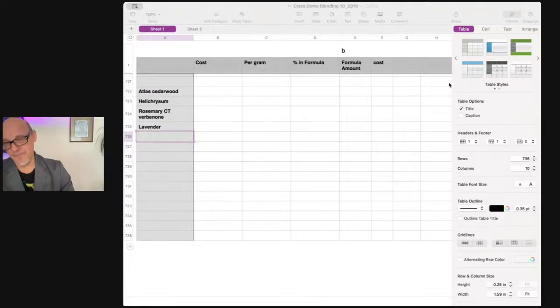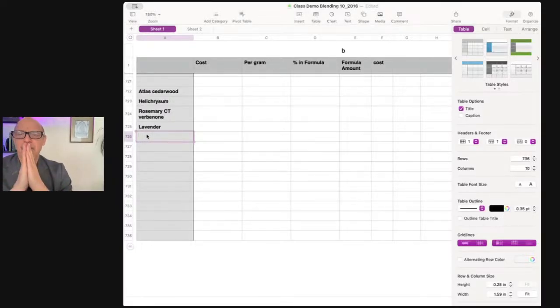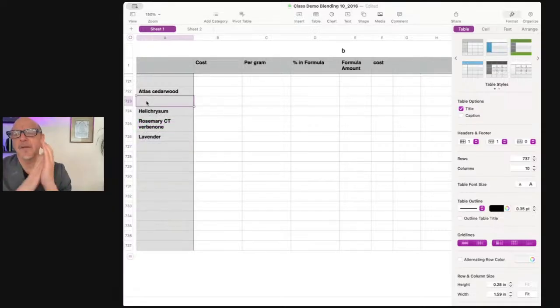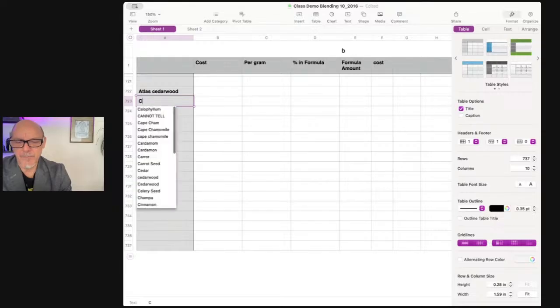Okay, so let me put a couple other oils in here that I want to do. I'm going to go ahead and put copaiba in here.